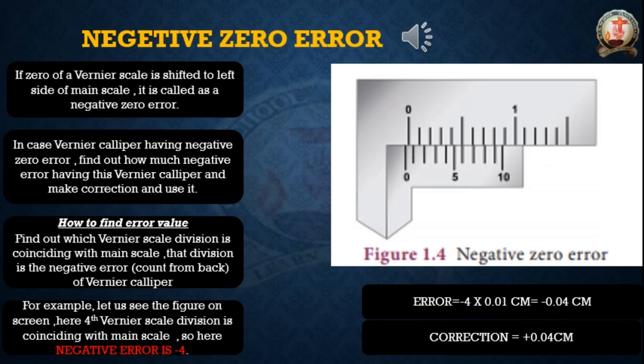In that vernier scale, whichever division is coinciding with the main scale, that we need, because that division is the negative error, correct? We can check one by one, but you have to check from the back side onwards. So you should go directly from the 10th.